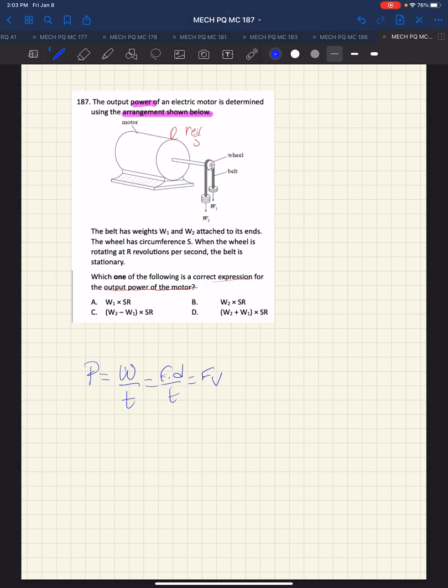There are forces involved, so we need to know what the forces are that are applied. So drawing a free body diagram for W2, we have Fg2 and we have tension T2. And for W1, we have Fg1 and we have tension T1.